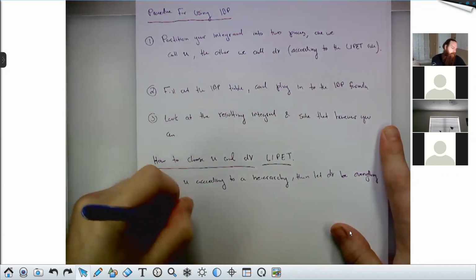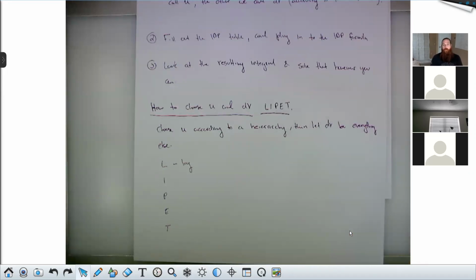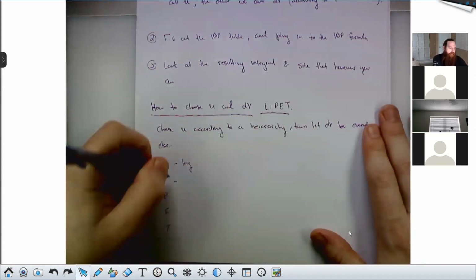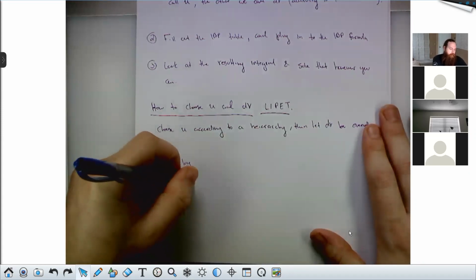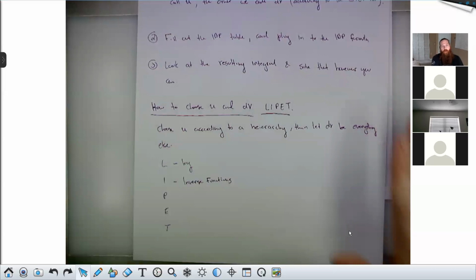L stands for logs. Are there any logs in your integrand? If so, you should choose that to be u and let everything else be dv. If there are not any logs, then you look, are there any inverse functions? Like arctan or the inverse sine function.